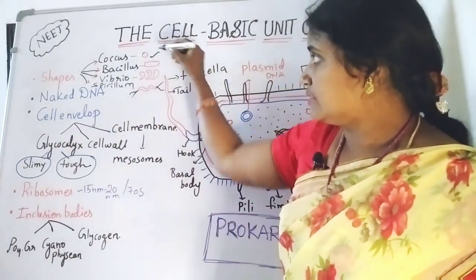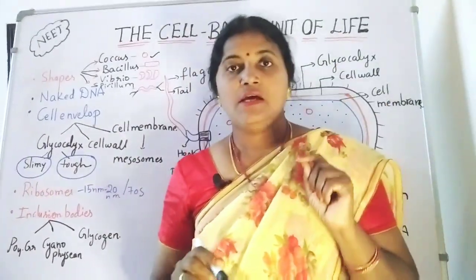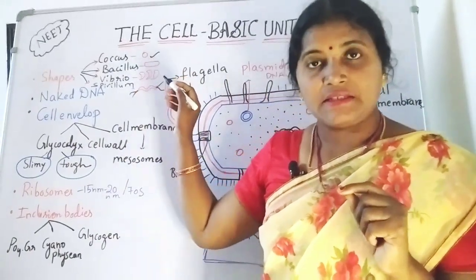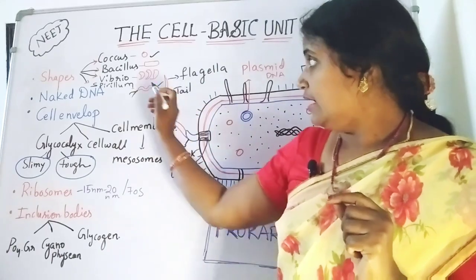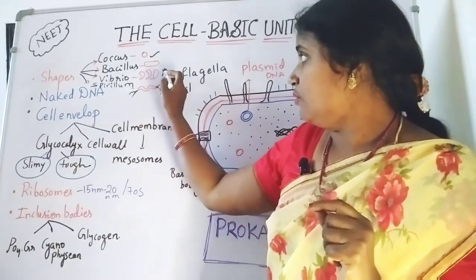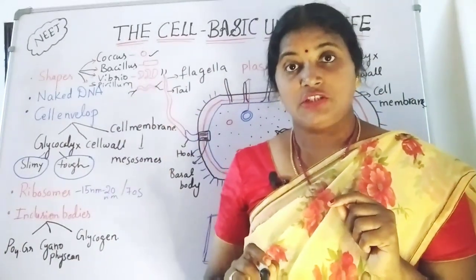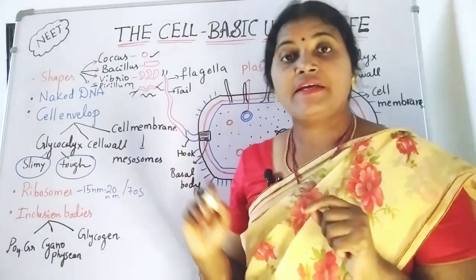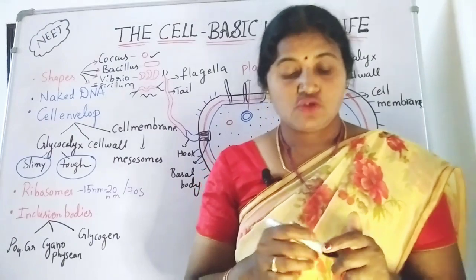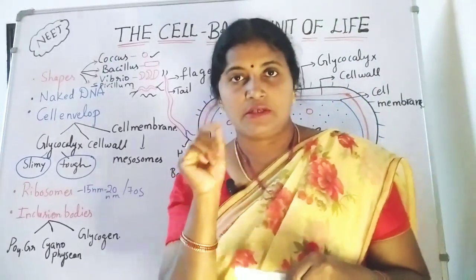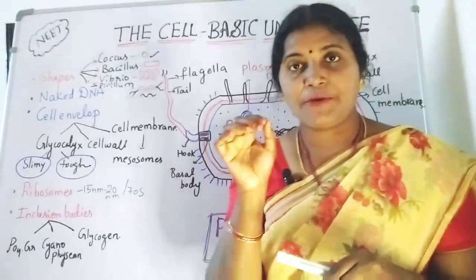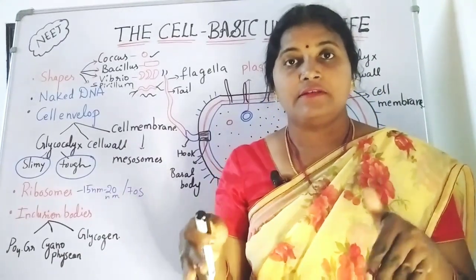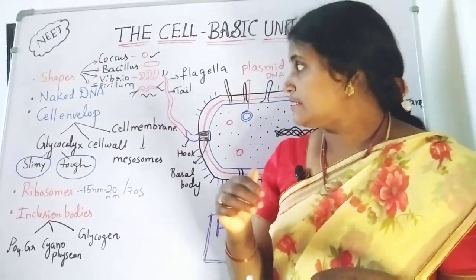Some bacteria are round shaped, some bacteria are rod shaped structures, some bacteria are comma shaped structures, and some bacteria are spiral shaped structures. So based on the shape of the organisms, these prokaryotic organisms are divided into different groups. We'll see one by one.